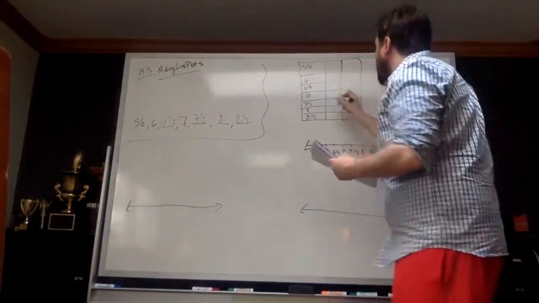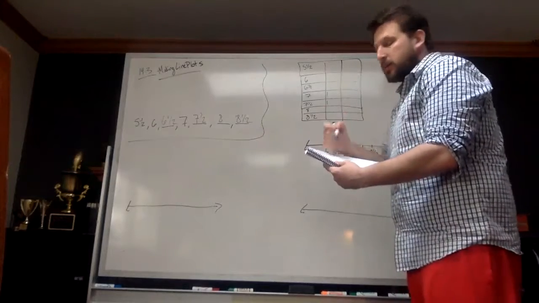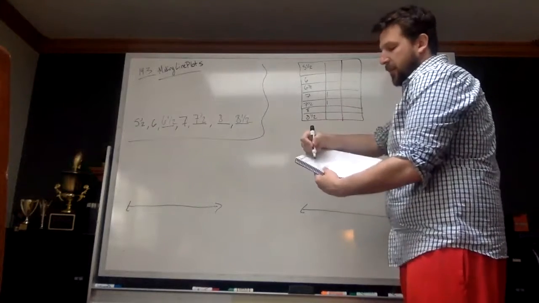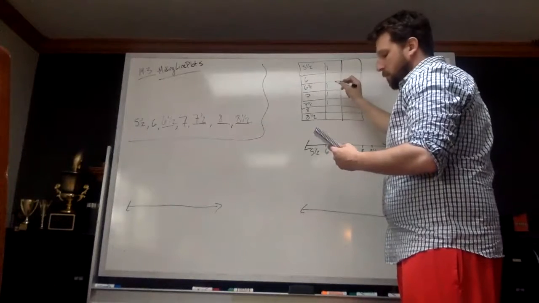So our first one is 7.5. Then we have 7. And you can feel free to cross it off. I'm not going to because this is somebody else's, but you can cross them off as you put it over there. 5.5. 6.5.